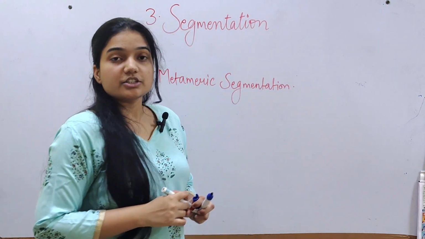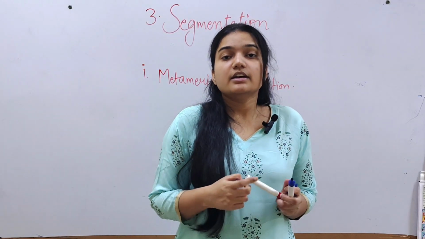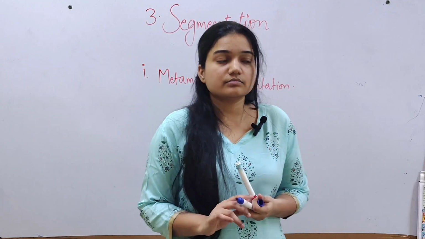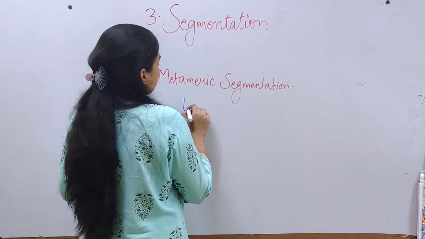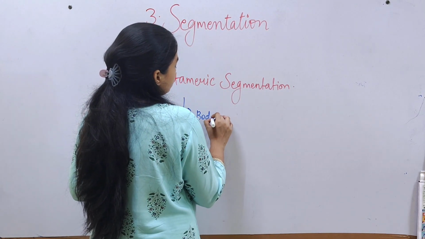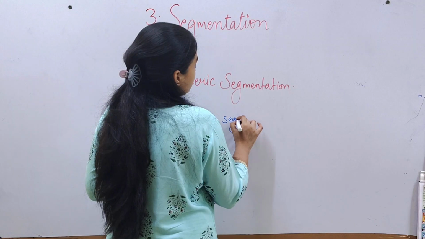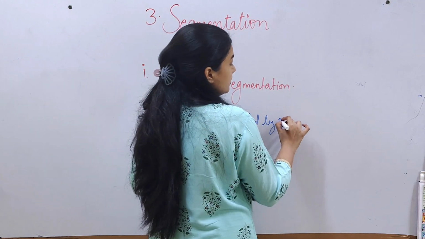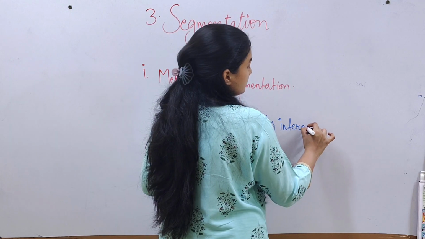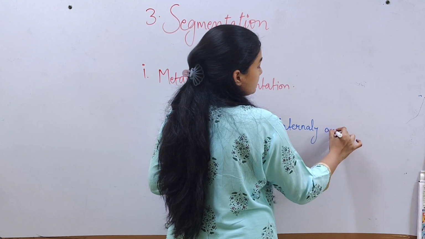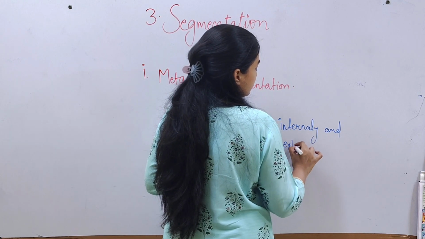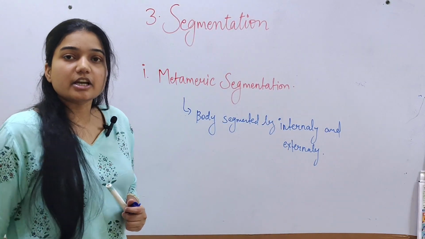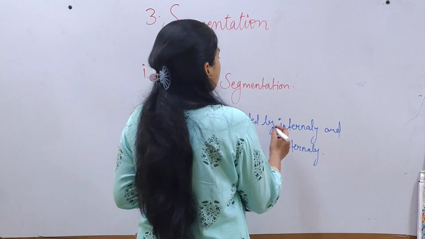In the metameric segmentation, the body of the animal is segmented or divided both internally and externally. An example of this type of metameric segment is the annelids.